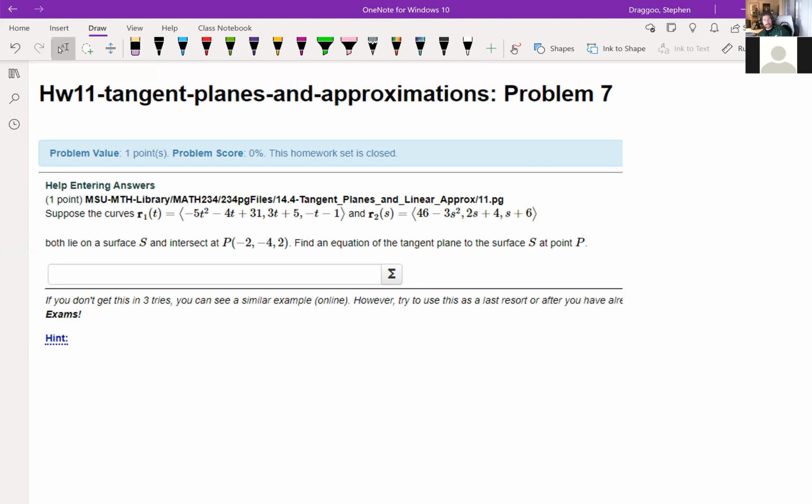And the best way to get a tangent plane is to find a normal vector. I'll also put normal vector in red, N for normal vector.